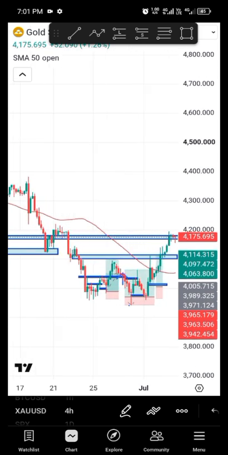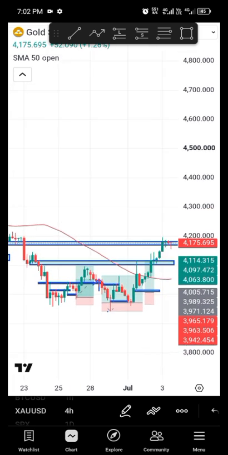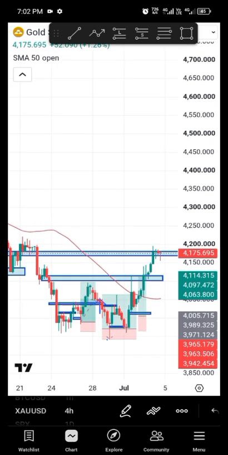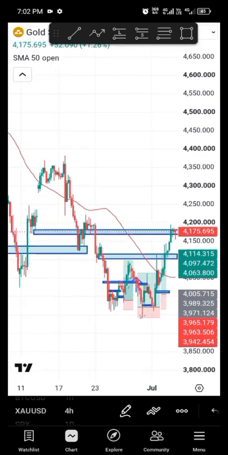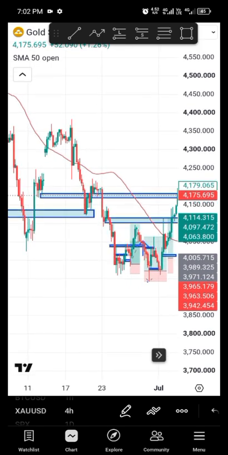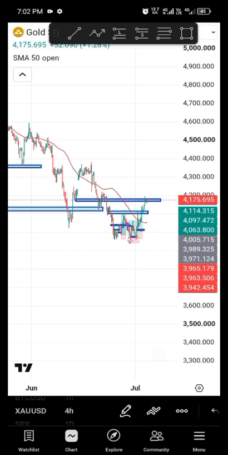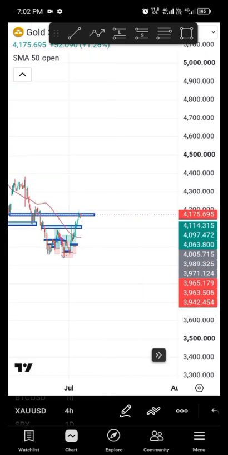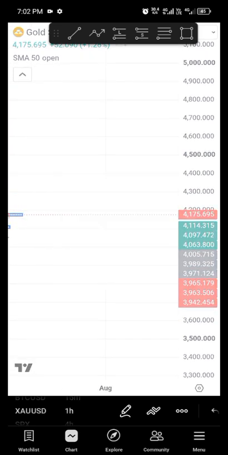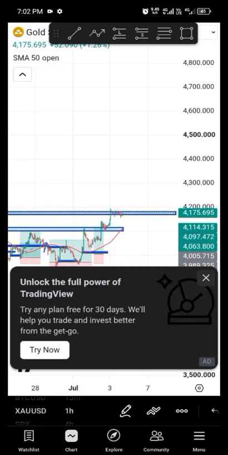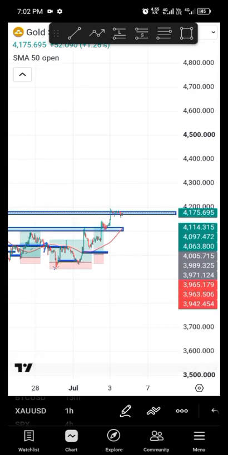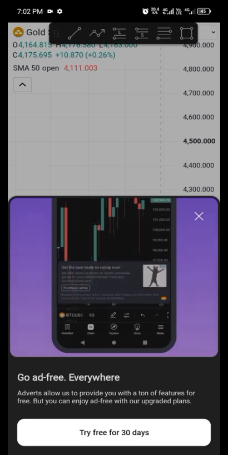These are places that price is likely to touch and react to. So for example, let's go to the 1 hour and see what the price is doing.